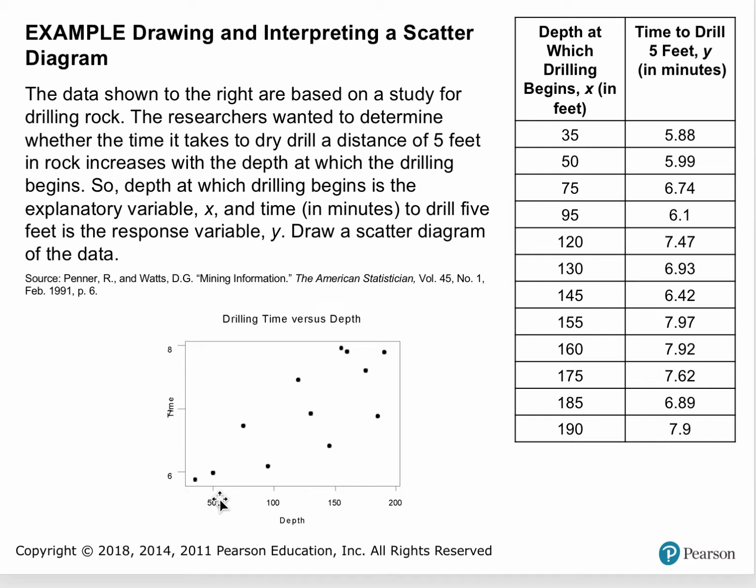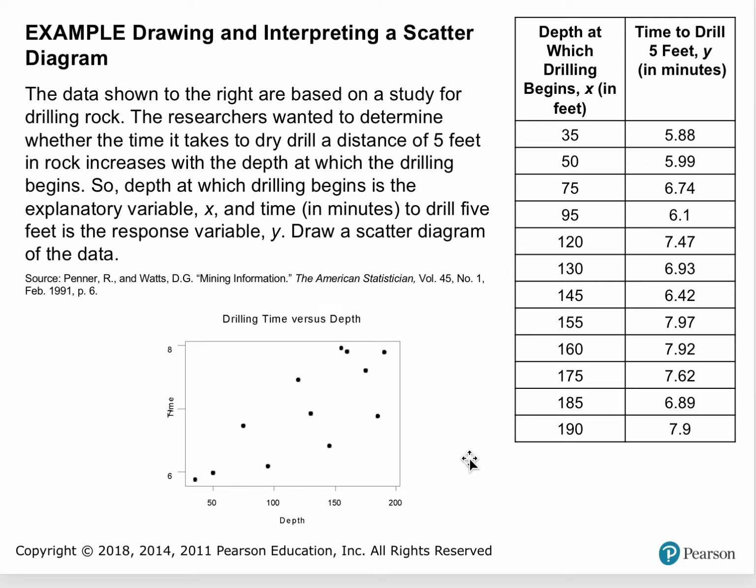So here they've got one. There's 50, so 35, 5.88. Okay, 50, right, basically at 6. 75, they're up to 6.74. At 95, they're down here to 6.1, etc., etc. And you just put a point for each value. Okay?